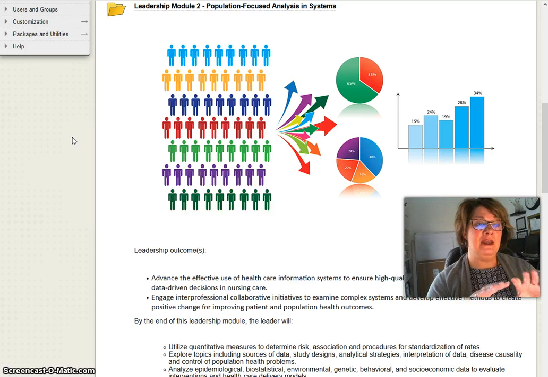So it's not only what we're doing right here in this course, but we're also thinking about what you've done in the past and what is appropriate for your particular organization of focus.